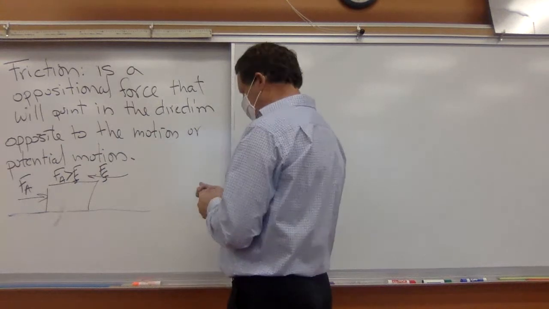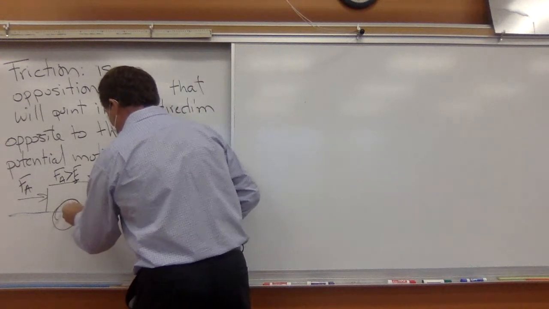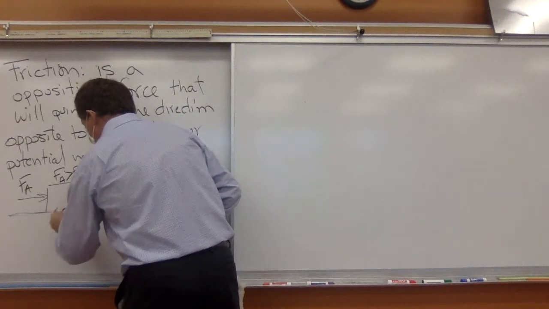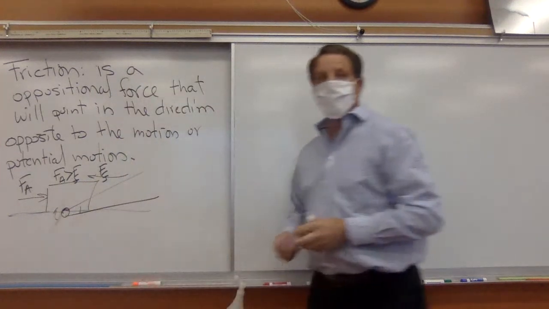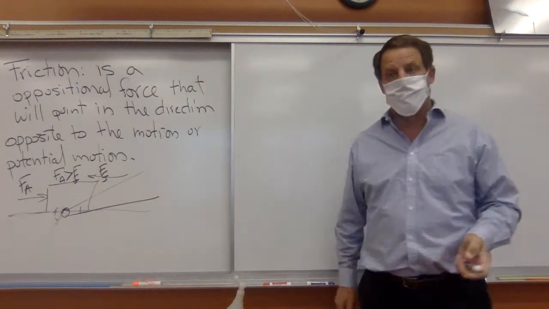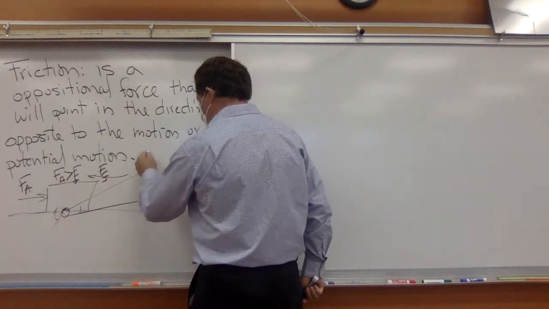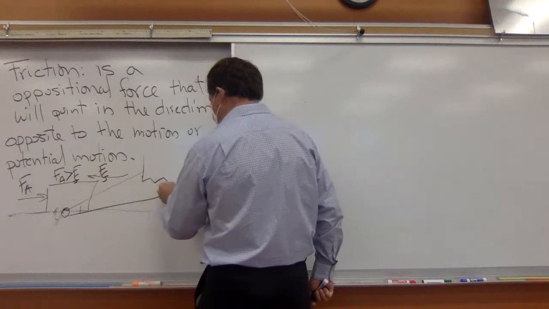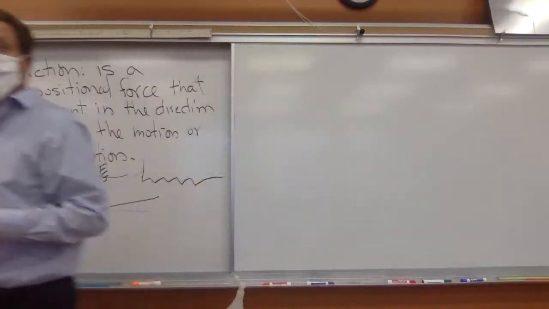Let's go ahead and look. If we take this part right here, and we blow it up, like if we magnified it a gazillion times, then on the bottom of the block we would see this sort of uneven surface.